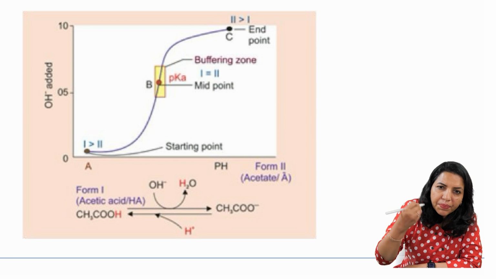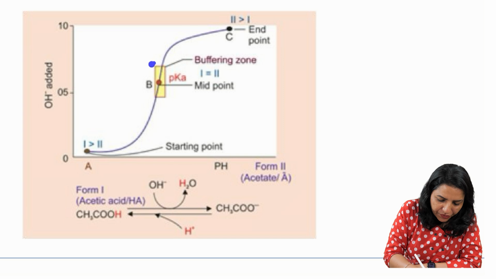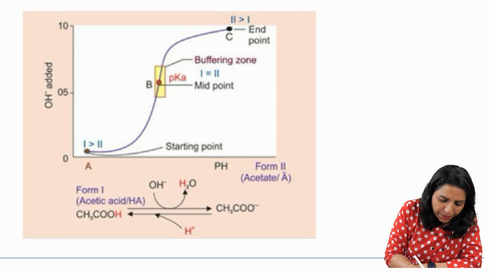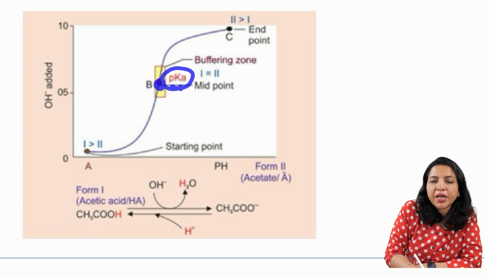The pKa plus or minus 1. So the buffering range is pKa plus or minus 1. This is the range where it is having maximum buffering capacity. So it means that the midpoint is the point which is called as the ionization constant, otherwise pKa. So when pH is equal to pKa, it is having the maximum buffering capacity.